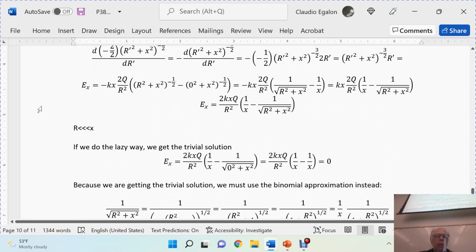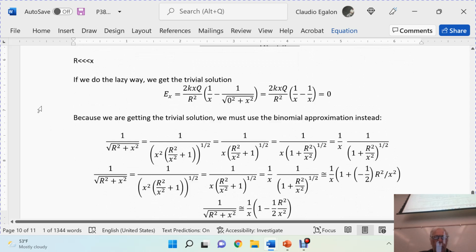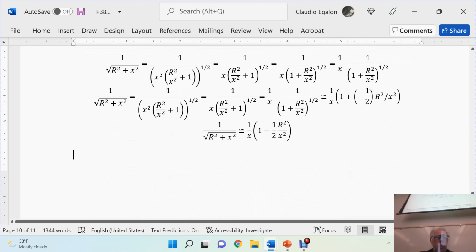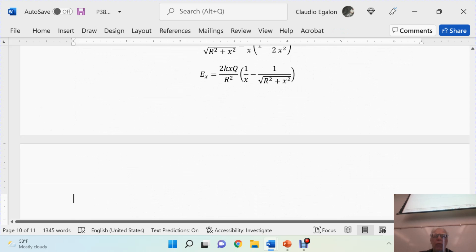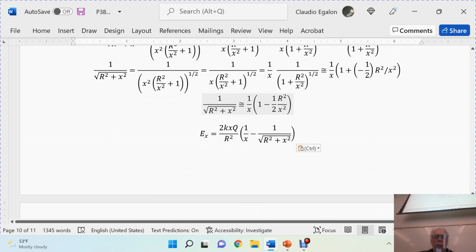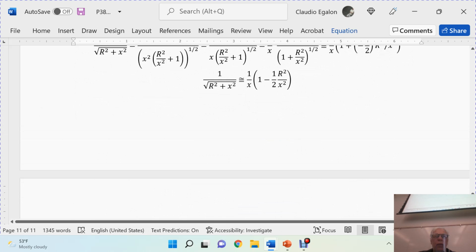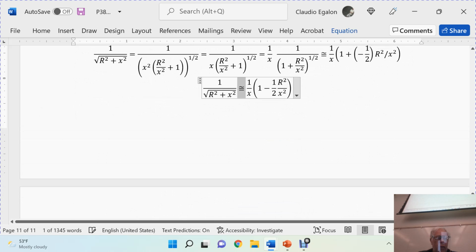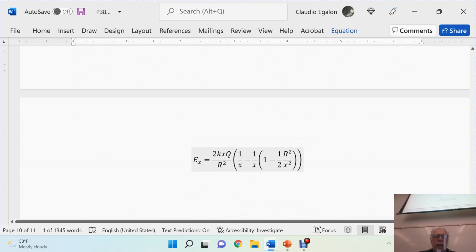Here you go. That's the one that we have to apply the approximation to, this term right in here. And let's not forget to put the approximate sign.